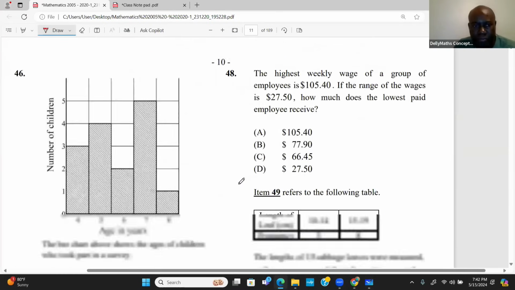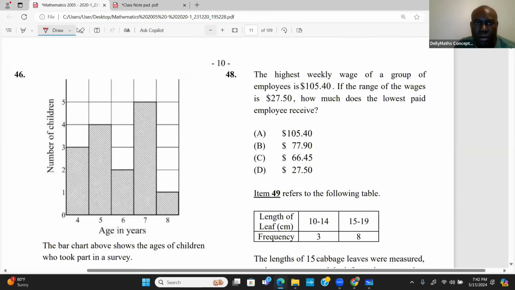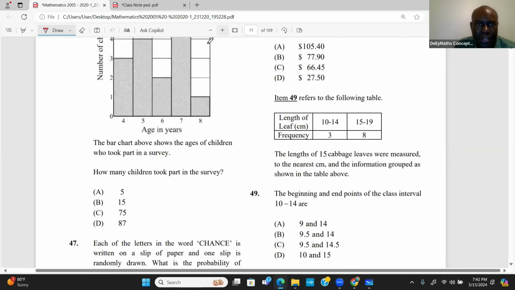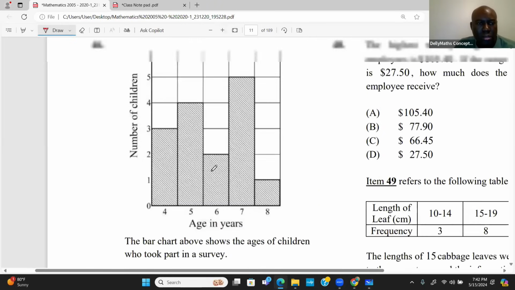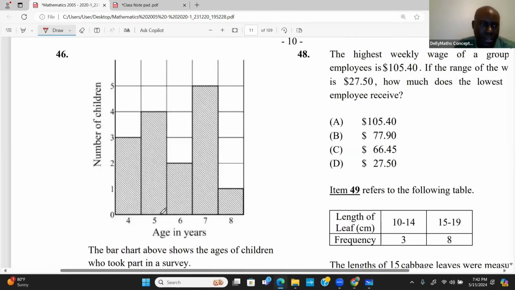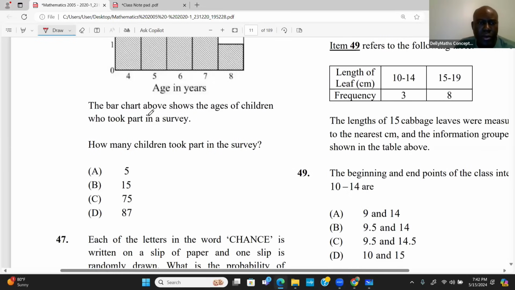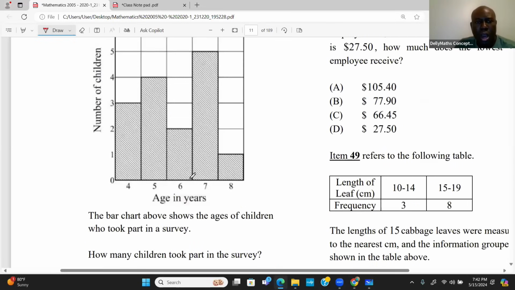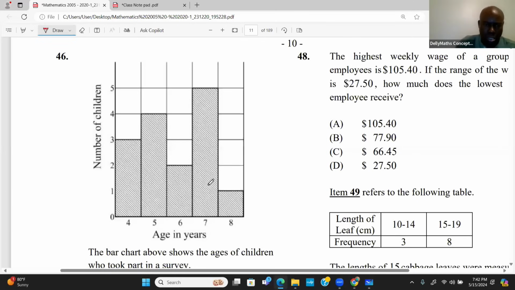Not a big deal. Let's take a look at 46. Hold on guys, let me put it up. 46 says, the bar chart shows the children who took part in a survey. How many children took part? So you want to look. This is the age, and this is the number of children. 3 children were age 4, and 4 children were age 5.